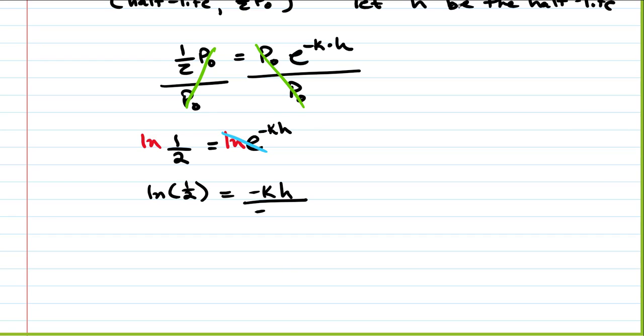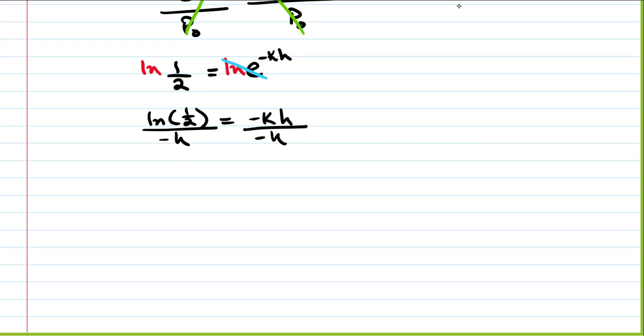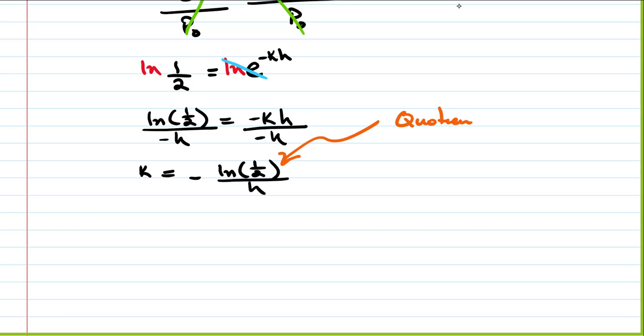We divide by negative h, and this gives us that our decay rate k is equal to the negative natural logarithm of 1/2 divided by h. We can simplify this further by using the quotient rule for logarithms.